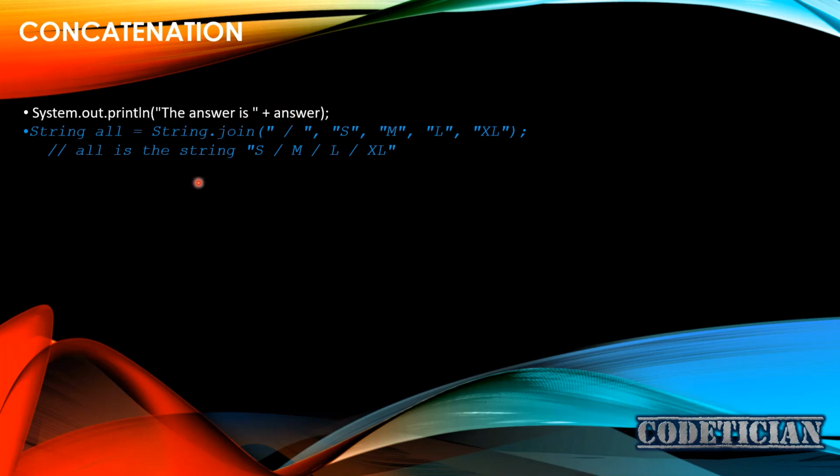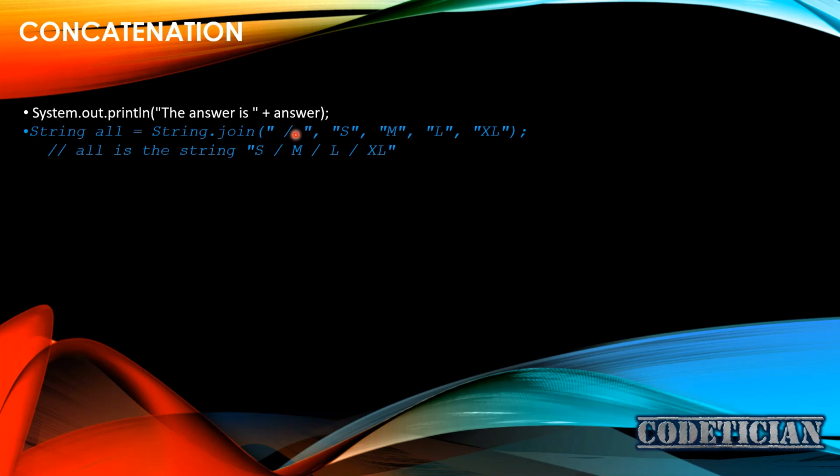The second way that you could do it is to use the static method join of the String class. Now don't get confused about what this static method is. We will of course cover it when we cover classes and objects, but just remember this is one of the methods of the String class.